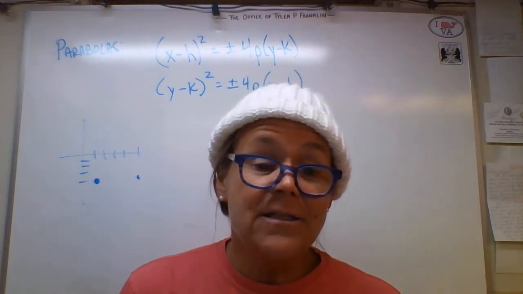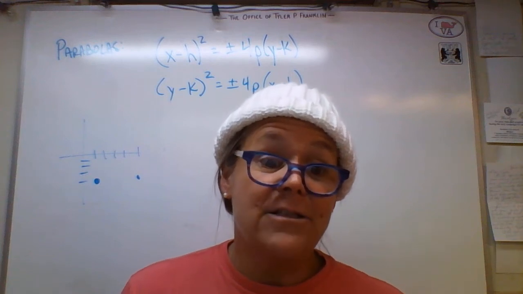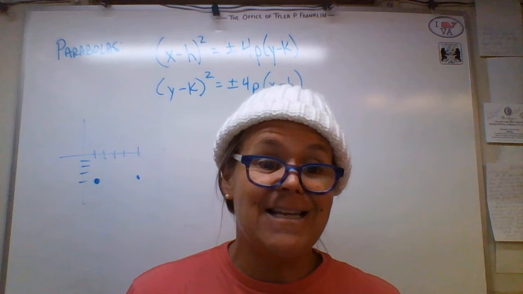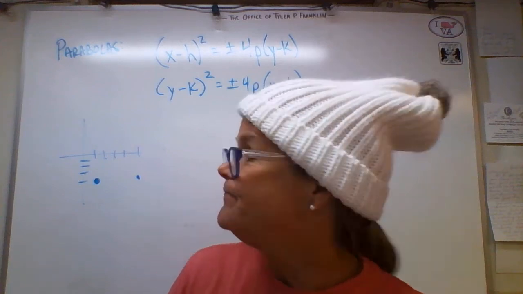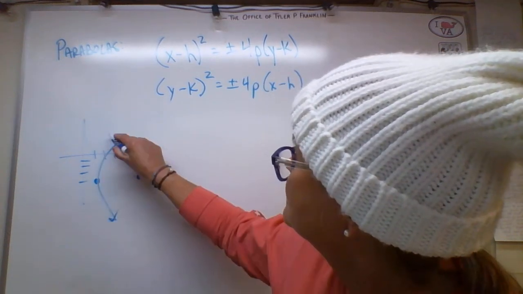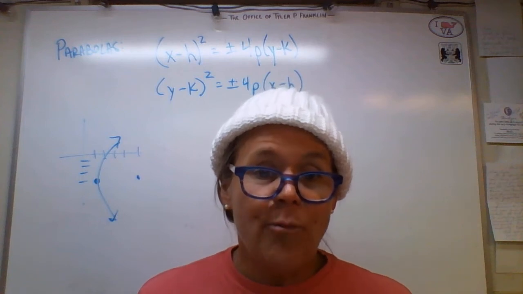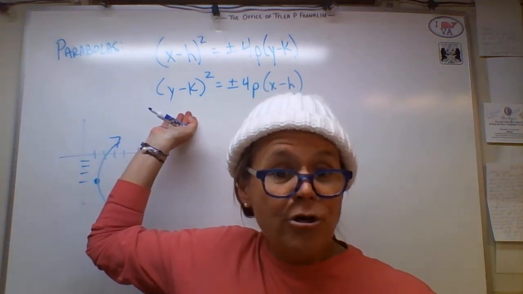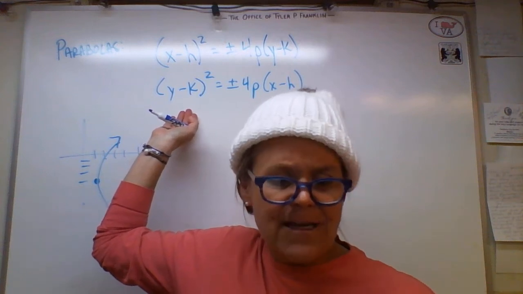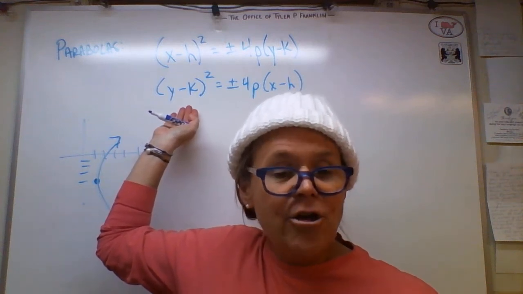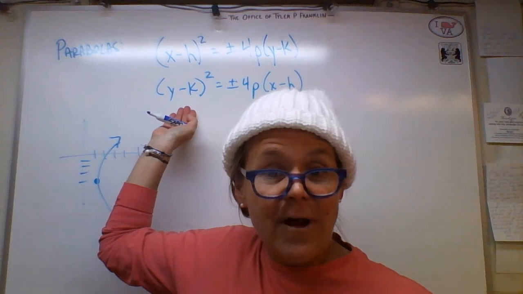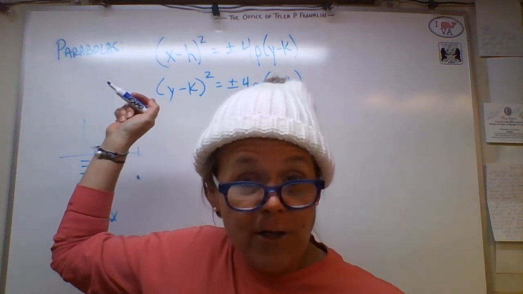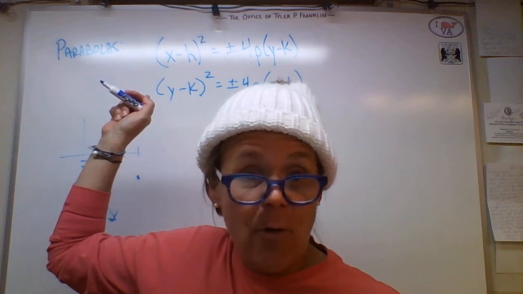That means the parabola has to open to the right because the focus is inside the parabola. Because it opens to the right, it's got to be a y. Put your vertex in the right spots, I always say center by mistake. 1, negative 4: the 1 goes with the x, the negative 4 with the y.